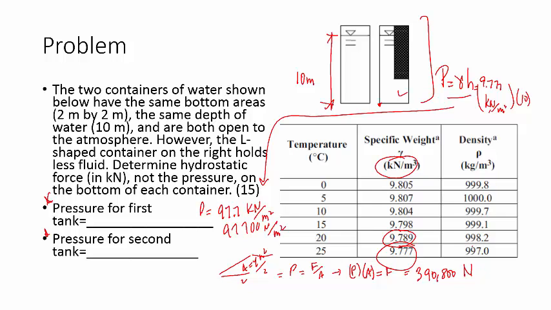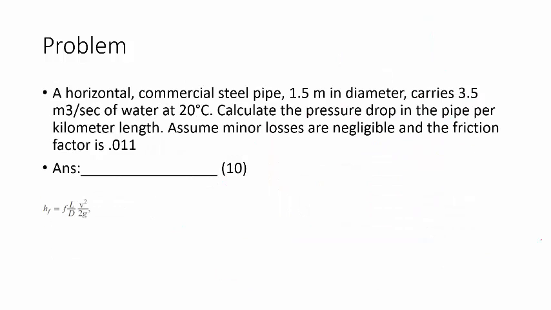Okay, so if you want it in kilonewtons, then 390.8 kilonewtons, and for the second tank would be the same pressure. So there you go. You didn't have to do two calculations here.